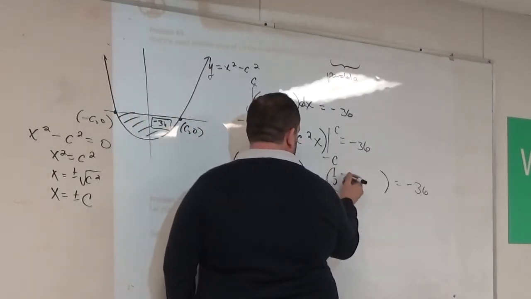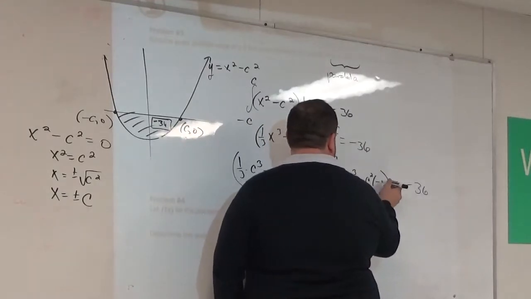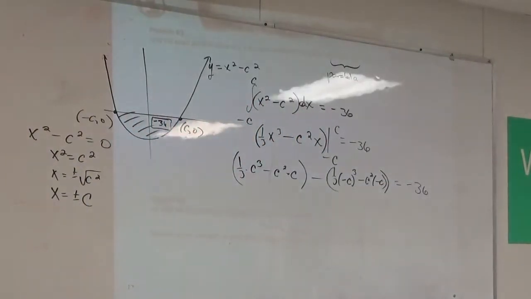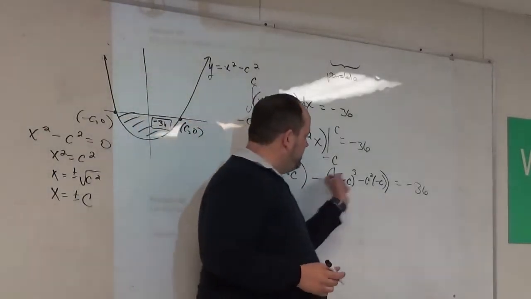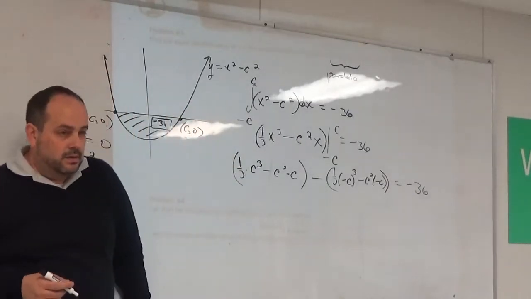In this next one, it's 1/3 of negative c cubed minus c squared times negative c. We don't know what c is, but we're going to find it. All this stuff minus all that stuff is equal to negative 36.